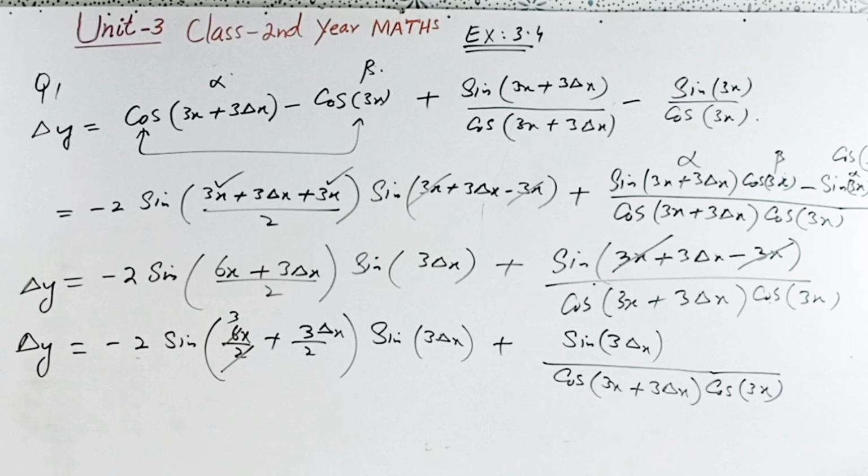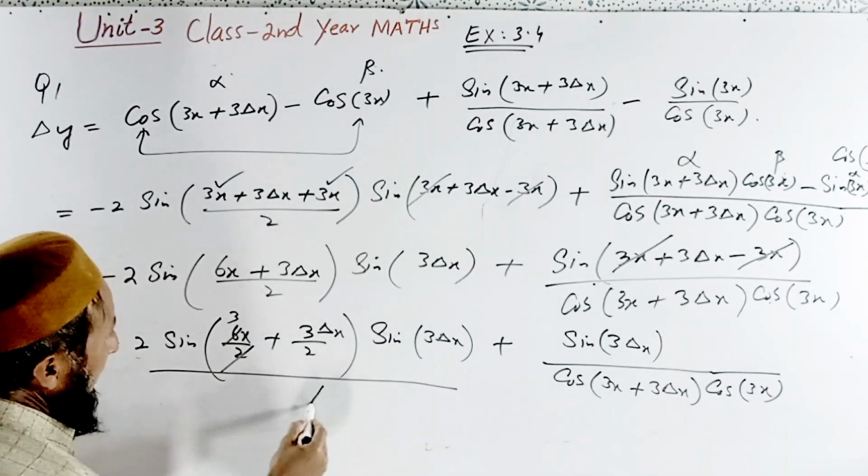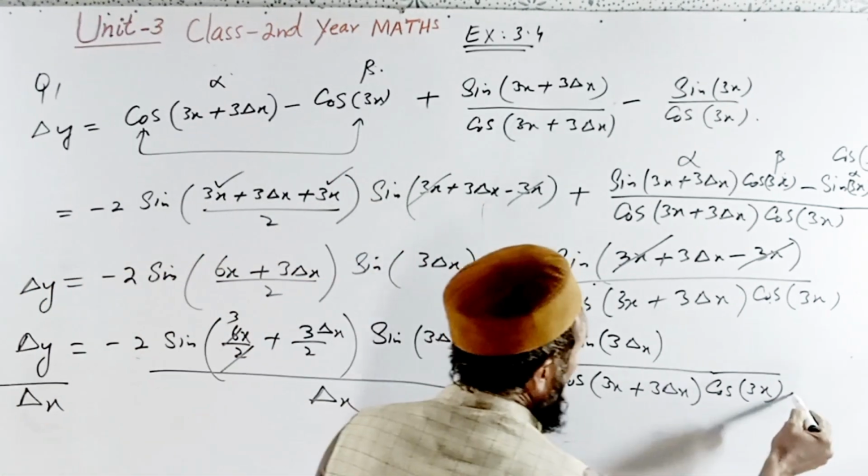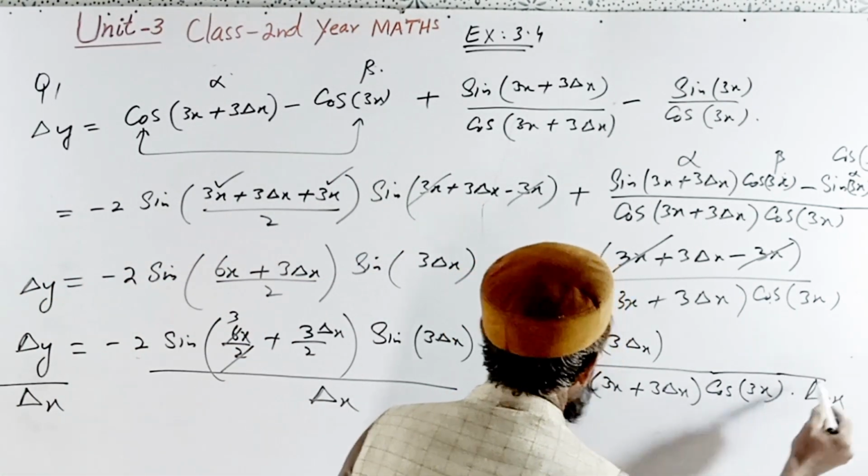Now applying the limits to the equation for delta y, dividing both sides by delta x, here we are dividing by delta x and here also dividing by delta x.